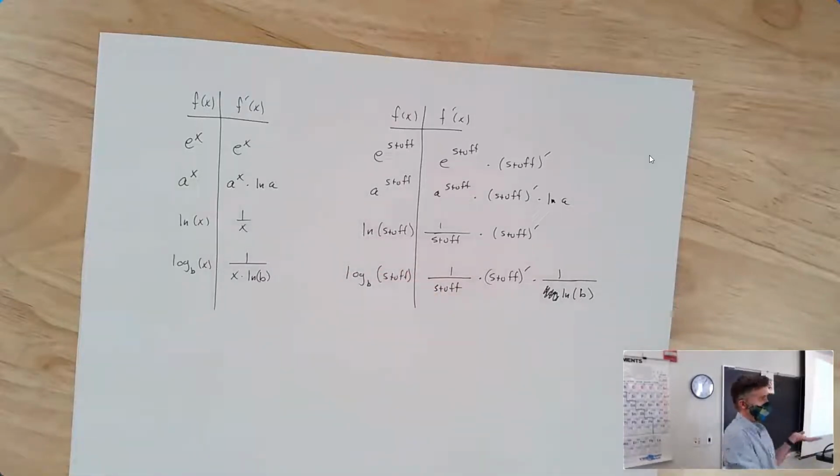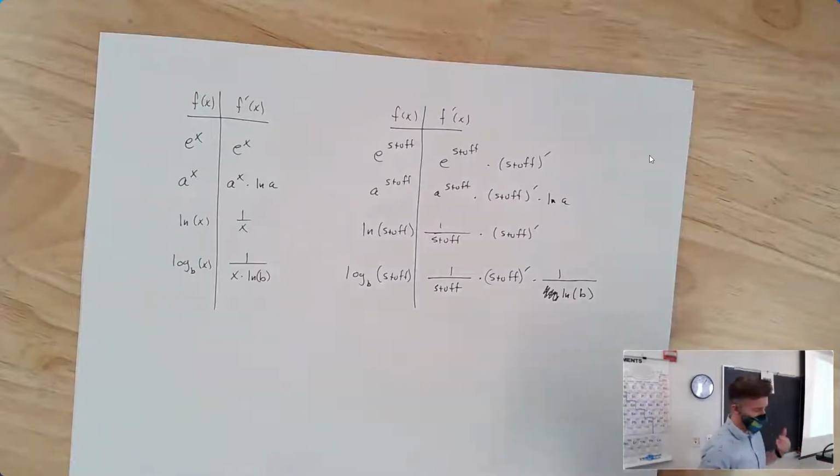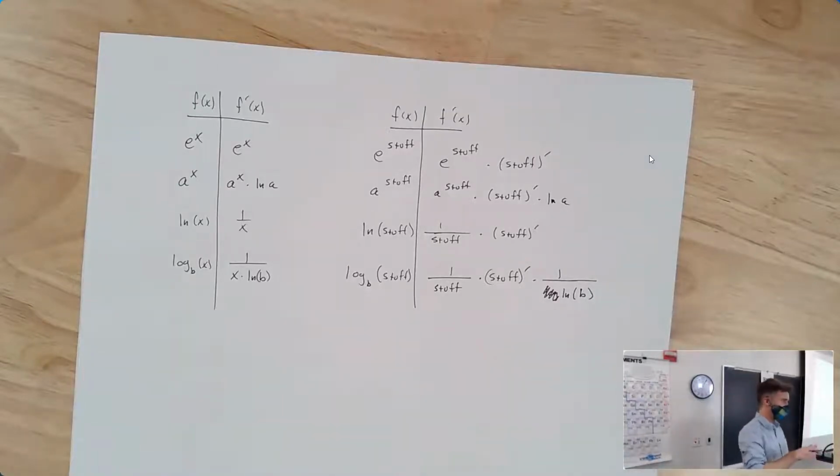If I know the derivative of a to the x is a to the x times natural log of a, I know that the derivative of a to the stuff is the same thing, except tack on the derivative of the stuff at the end. It's a to the stuff times the natural log of a times the derivative of the stuff. So once you know the chain rule, you know how to do the chain rule for any function. It's just how the regular function works, but more.